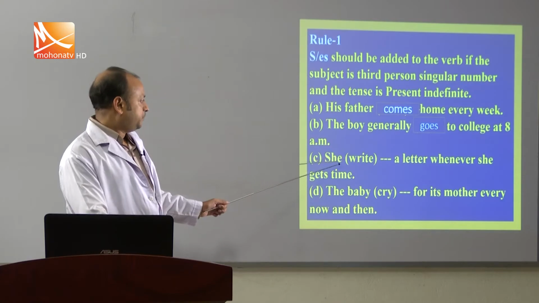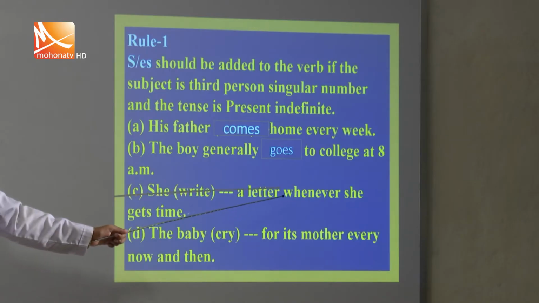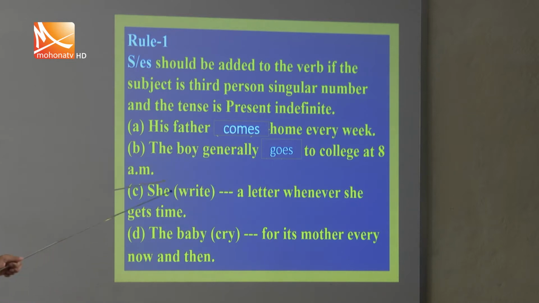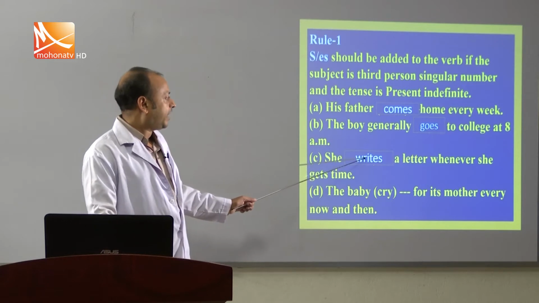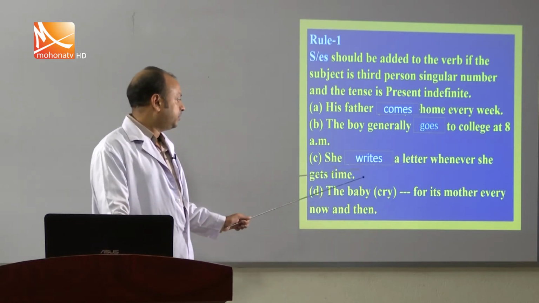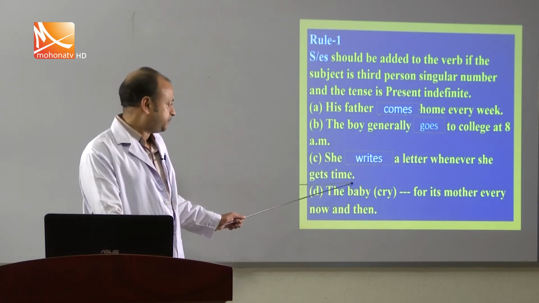Our next example, she writes a letter whenever she gets time. So, she is a third person singular number subject and the tense here is present indefinite tense. So, s or es should be added here to make it correct. So, she writes a letter whenever she gets time, my students.